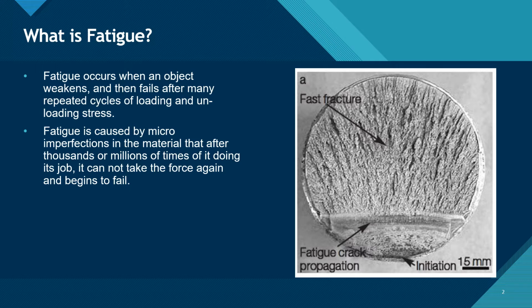As the picture on the right shows, there is an initiation crack, and then there are fatigue cracks of propagation that slowly increase in size as the material is more and more worn down, and then there is fast fracture, which shows when the object finally fails.